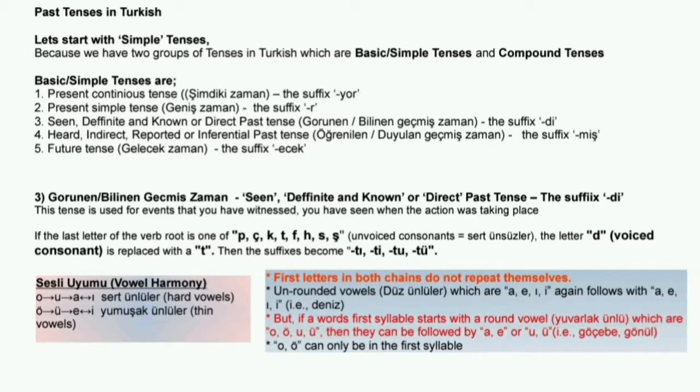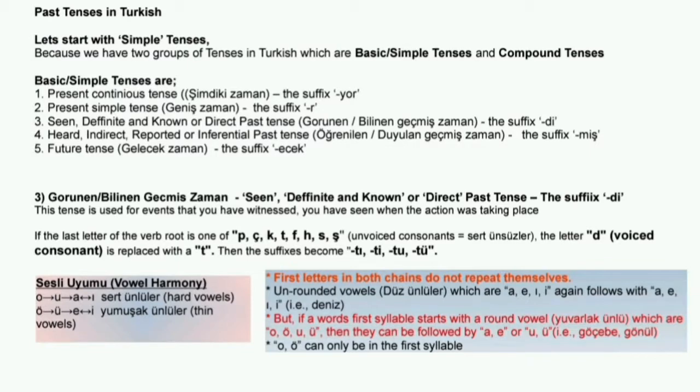So we've got our sert ünlüler O, U, A, I, and we've got our yumuşak ünlüler, thin vowels, Ö, Ü, E, İ. What we have said is that those letters follow the arrow direction. Also, the first letters in both chains do not repeat themselves.